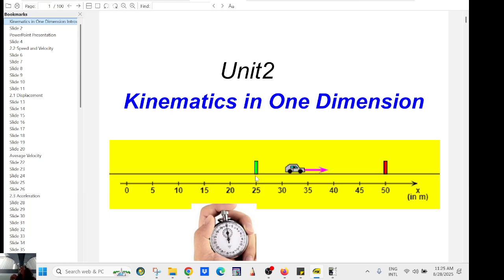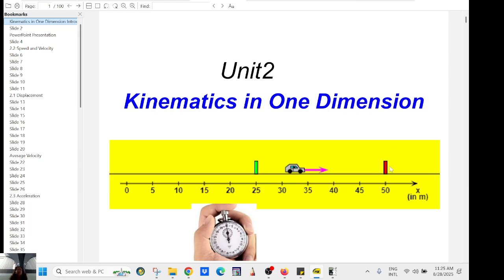We're going to see that displacement is like a vector, an arrow where you connect the initial position to the final position. So if this is the initial position and this is the final position, you see it's pointing to the right, so it's going to be positive.